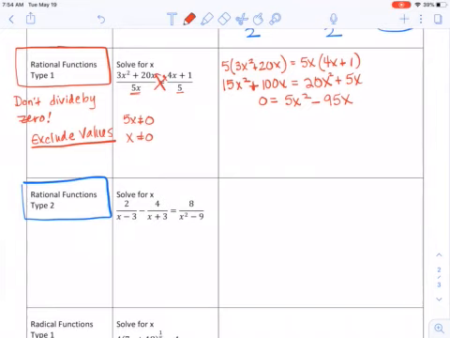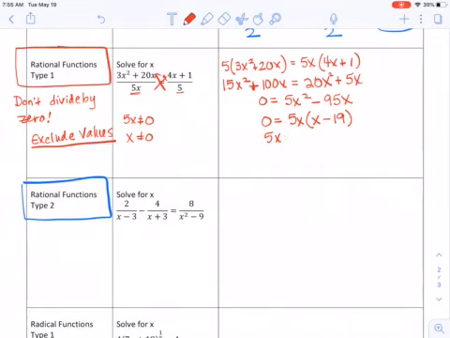Just like we talked about yesterday, we're going to look for the greatest common factor, and in this case it's going to be a 5x. And we're going to go x minus 19.